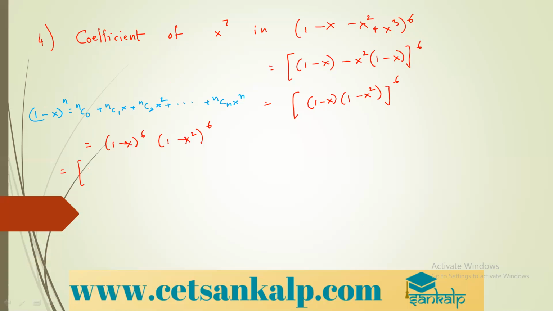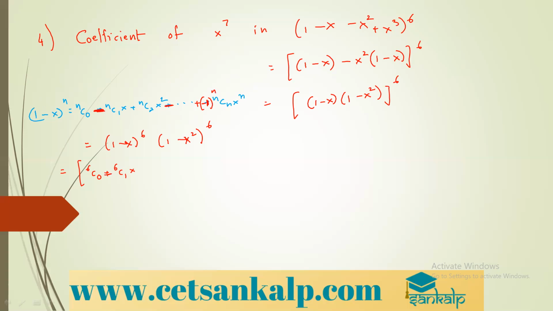So first expansion: 6C0 plus 6C1 x, but because minus is there, alternate terms will be minus. Minus, first plus, minus, again plus, again minus. For nCn, I will have (minus 1) power n.